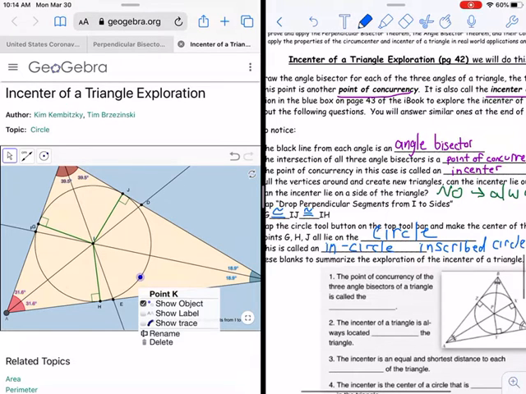That's pretty cool. And a little fun fact: if you want to draw a circle inside of a triangle, this is the largest circle you could draw. You can't draw anything bigger than this.